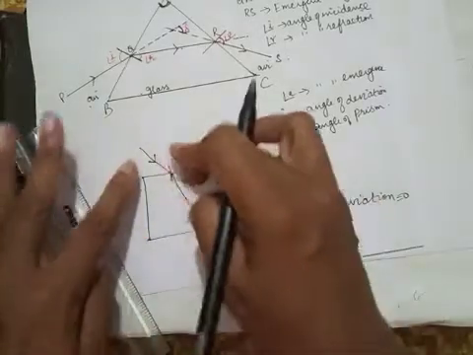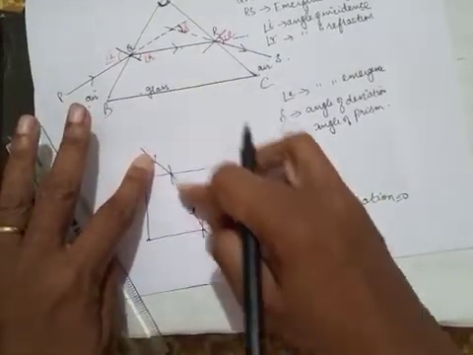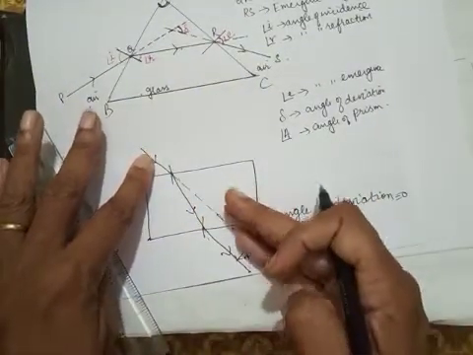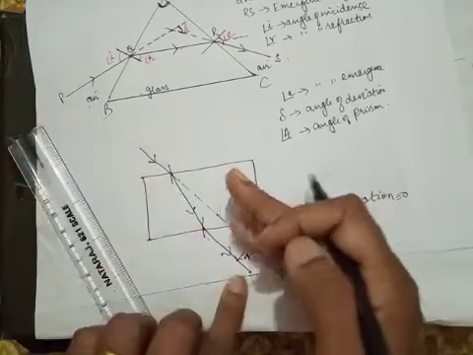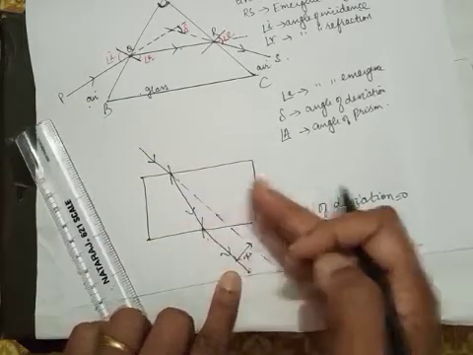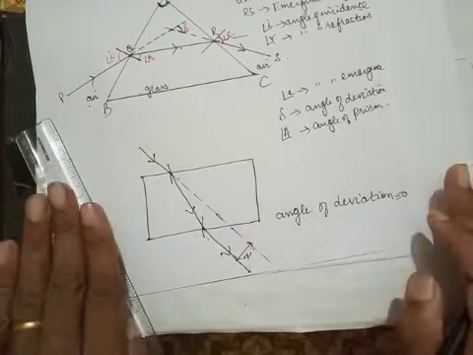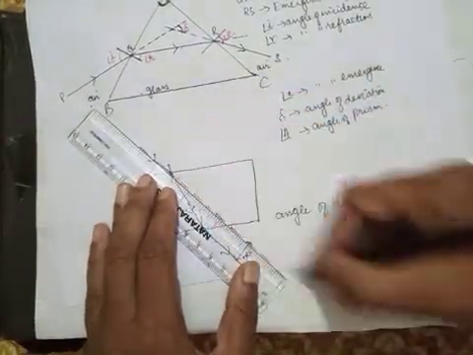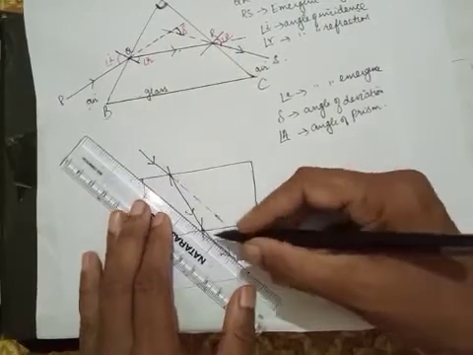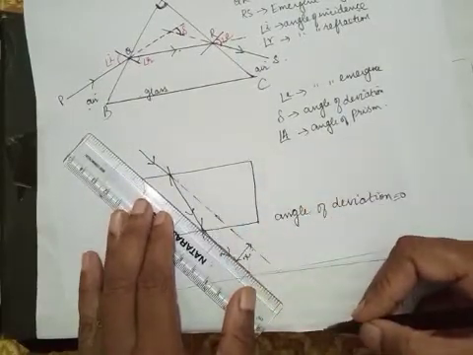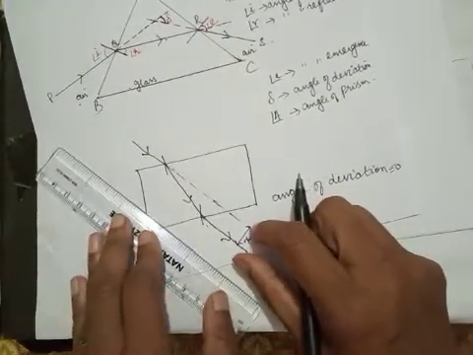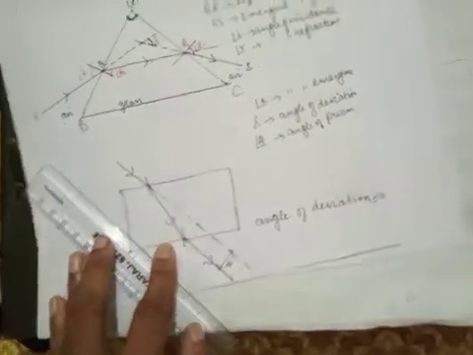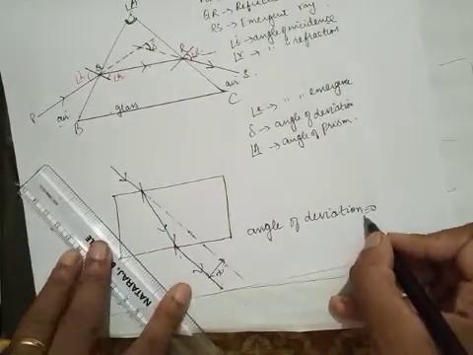It shifts this ray, which would have gone like this, into this position. Just there is a perpendicular shift. There is no angle of deviation. The ray that should have gone like this is shifted like this, and it is going like this through. Okay, there is some perpendicular deviation, but there is no angle of deviation, or you can say angle of deviation is 0.